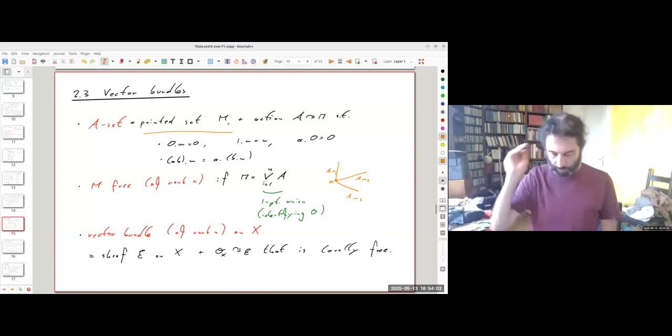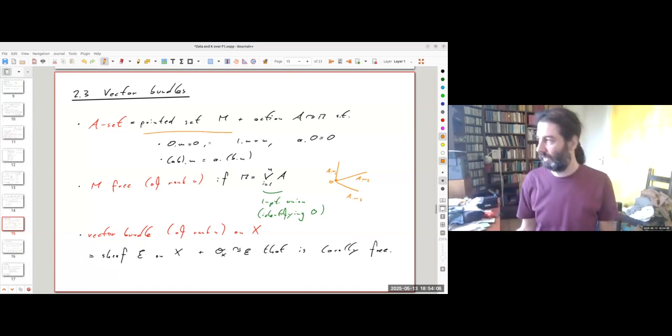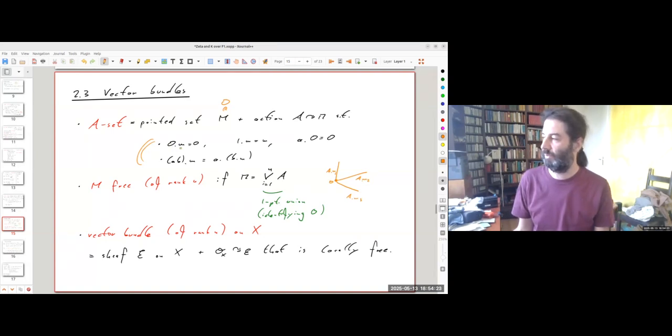So it has a base point, which is also called 0, together with an action of our monoid on M that satisfies the obvious axioms. The constant 0 acts on every element of M by mapping it to 0.